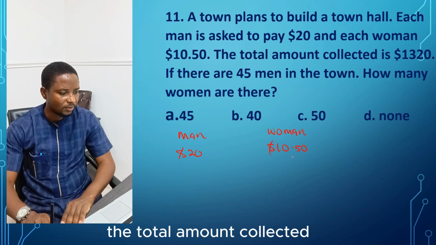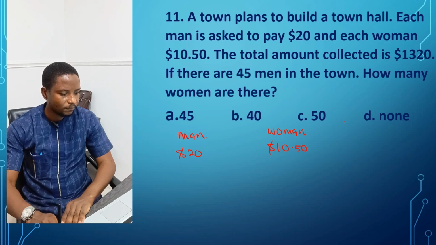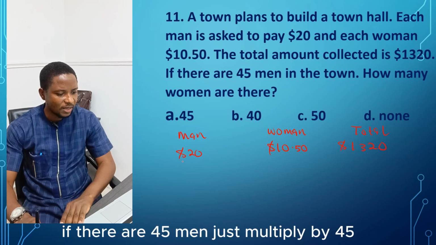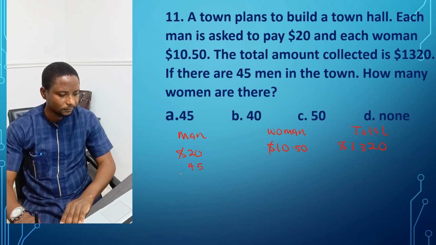The total amount collected was $1,320. If there are 45 men, just multiply by 45.